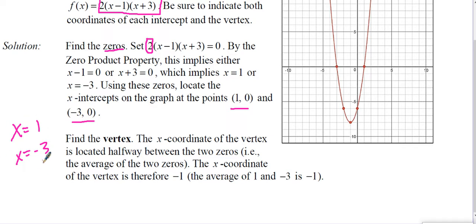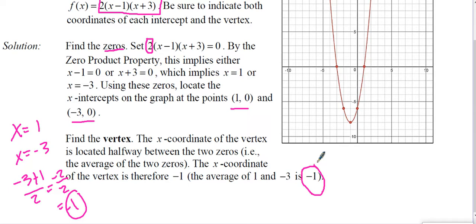So all we have to do is either look at these two points and find which one is in the middle, or the easiest way is to add both of the numbers and divide that by 2. So negative 3 plus 1 is negative 2. Divide by 2, that is negative 1. Therefore, the x-coordinate of the vertex is negative 1.